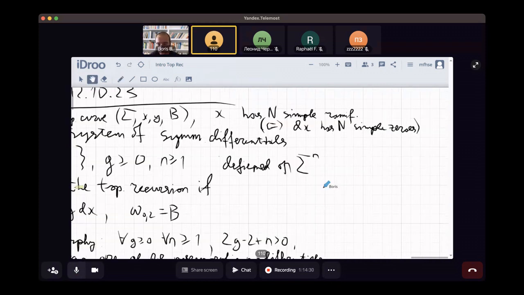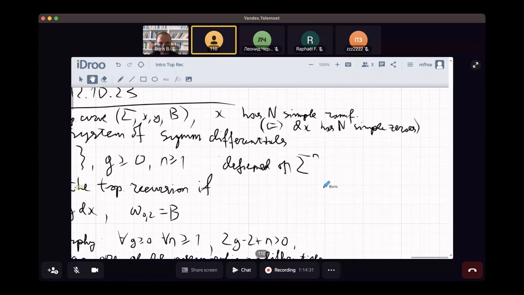So we assume for topological recursion that x only has simple critical points, and there are n critical points of x. Not critical values, but critical points, and simple zeros.